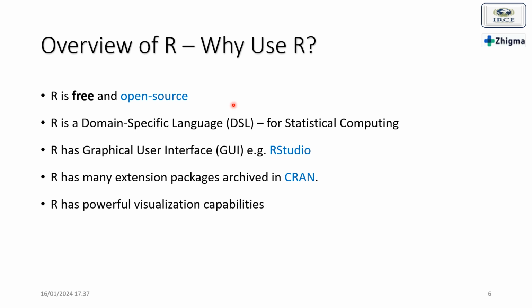R has a very powerful visualization capability, which means you can come up with a lot of graphs and figures and charts, very beautiful, colorful ones to express the information coded in your data to others. So this is one of the real good strengths of R. R also integrates well with many other languages.